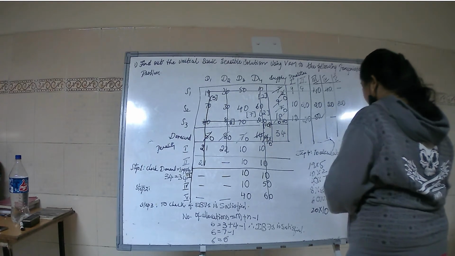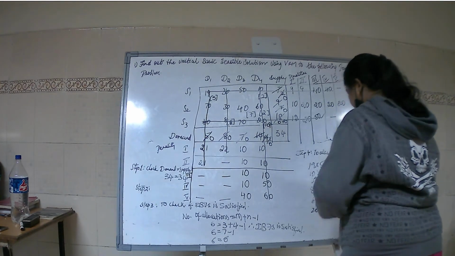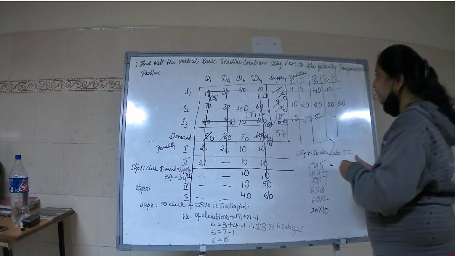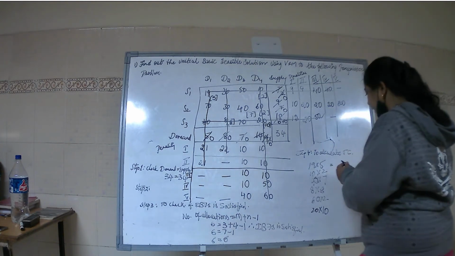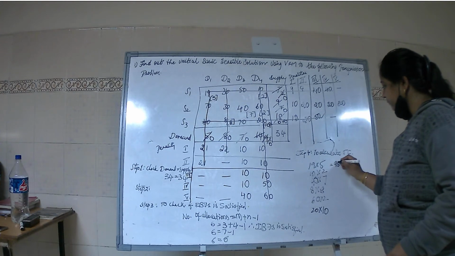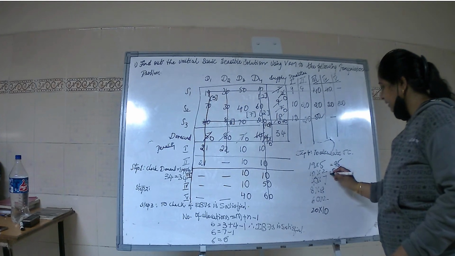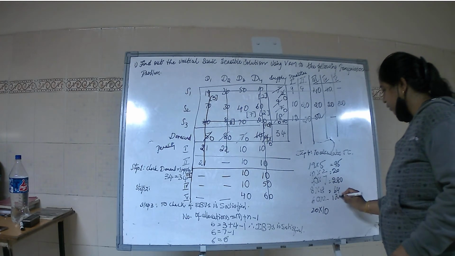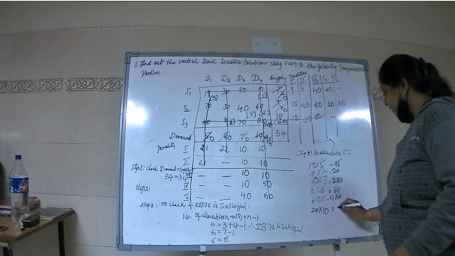Now you need to multiply it. 19 into 5, sorry, 19 into 5 is 95. 10 into 2 is 20, that is 280, 64, 120, and this is 200.